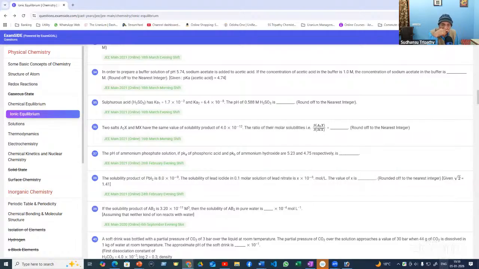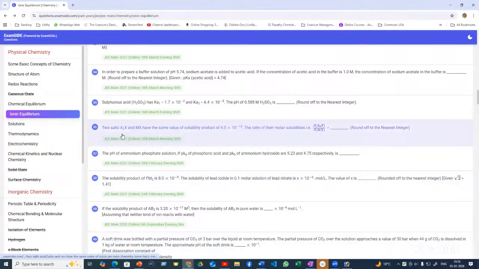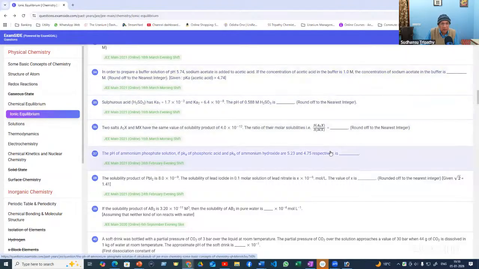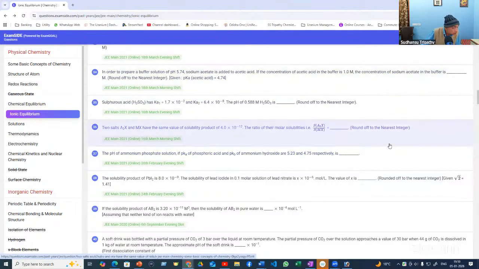The ratio of their molar solubilities, S by S, is dash. Round up to the nearest integer. It's very simple. For the first, 4x cubed is equal to 4 times 10 to the minus 12, find out x. For the second, y squared is equal to 4 times 10 to the minus 12, find out y. So take the ratio x by y and round up to the nearest whole number.